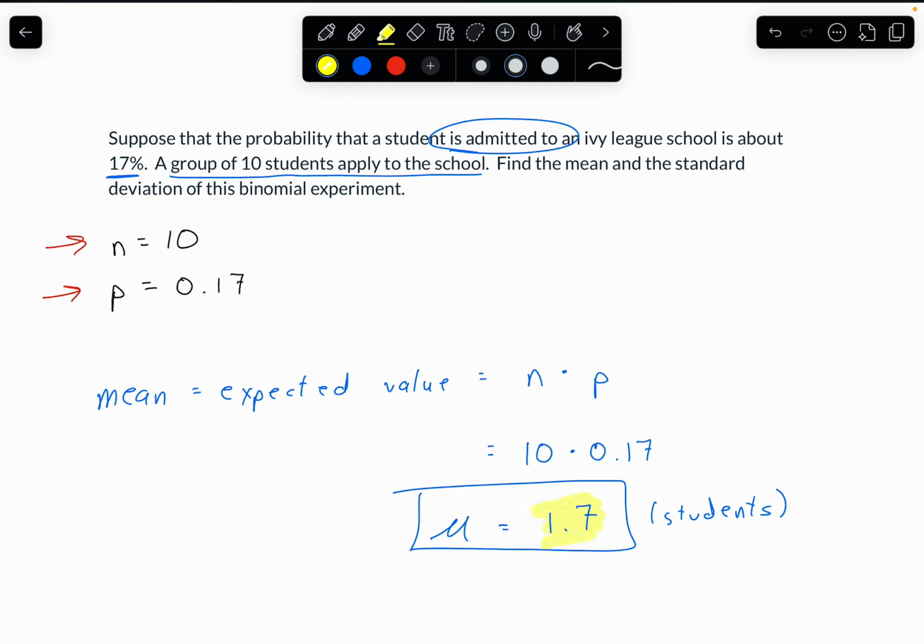Obviously, you can't have 1.7 students admitted to a university, but that is the mean of this particular distribution, which in this case, we're never going to see in the real world, but it's what we would expect to see given a perfect distribution here.